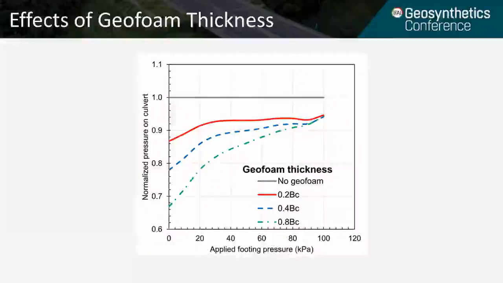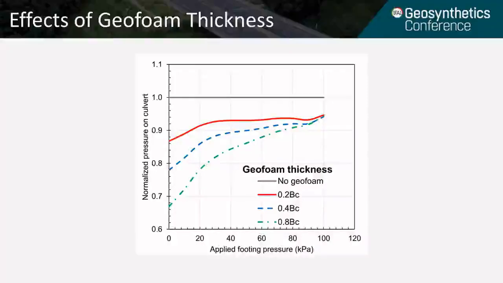This slide also compares the four conditions that we simulated in this study, showing the geofoam thickness effects. Basically, in this slide, we are normalizing the pressure with regard to the no geofoam condition. So the no geofoam condition is 1, and using geofoam of 0.2 BC, we see a reduction at an applied pressure of about 0 kPa, or before applying any pressure.